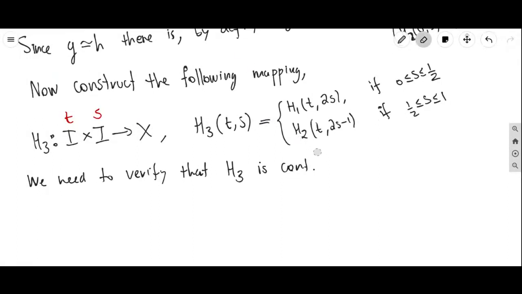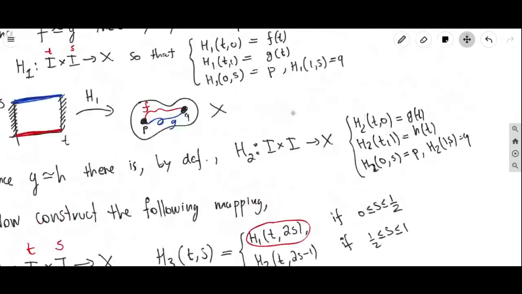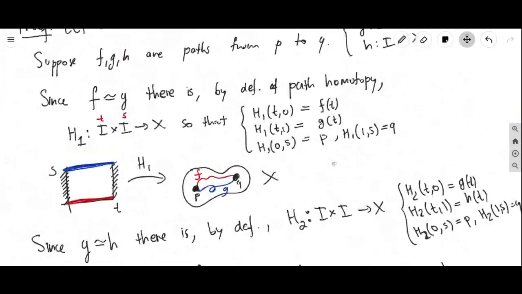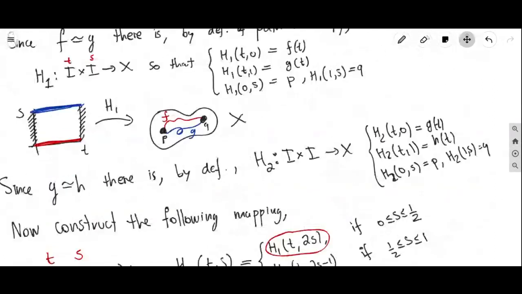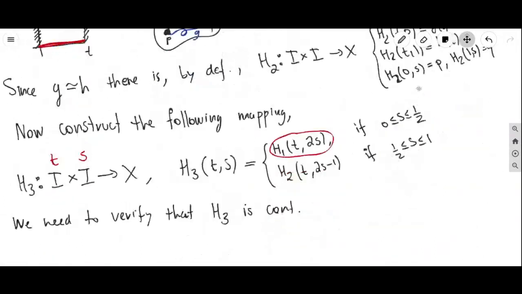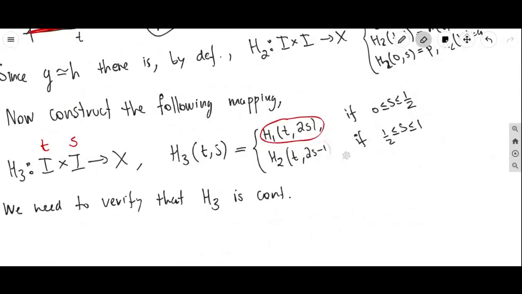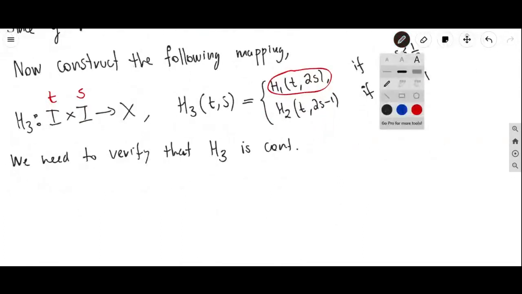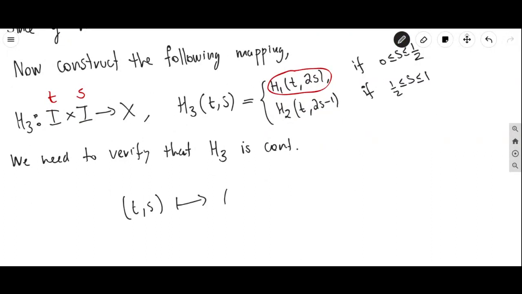But just to carefully verify how you do it, you have two pieces. So what do we know? We know that H1 of t comma s is a continuous mapping. But here we have 2s. So why is that continuous? It's continuous because of a composition. Because you're basically mapping t comma s into t comma 2s, and then you're following through by H1.